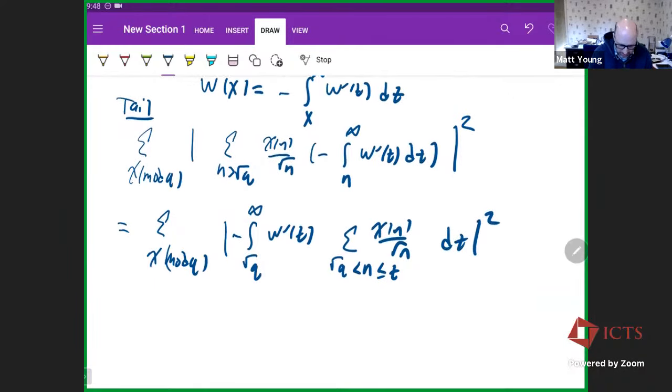Now I'm going to use Cauchy on this to square this out, and then it'll be well set up to use the mean value result that we proved, this proposition.